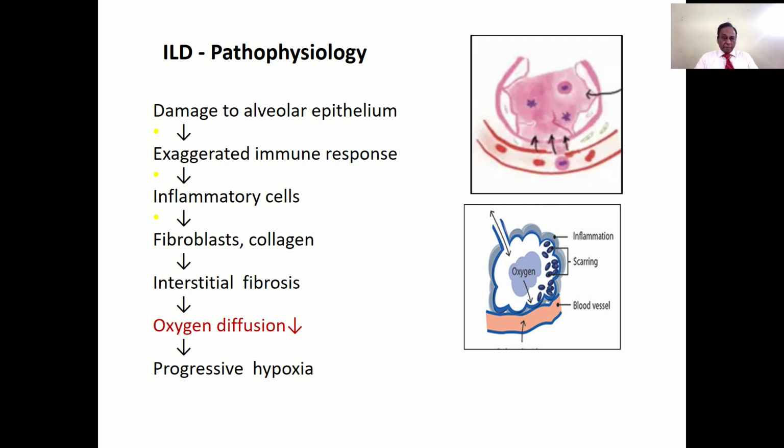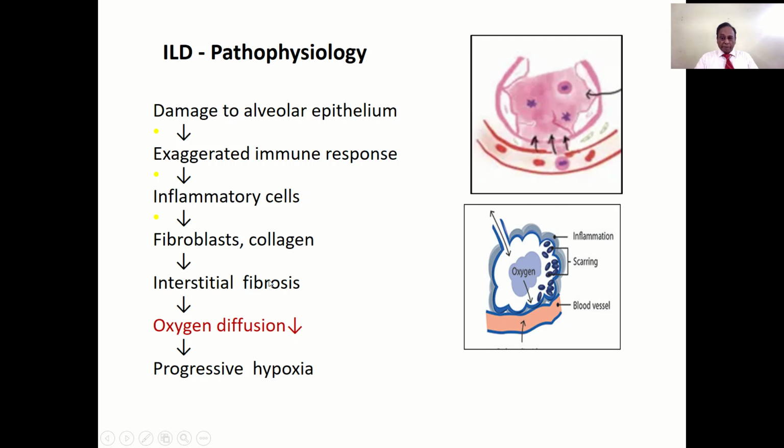Whenever there is injury or insult or infection, there is a big immune response, and a lot of inflammatory cells come for a rescue, of which the most important are the neutrophils. Once that battle is over, fibroblasts lay down the collagen, and then repair.